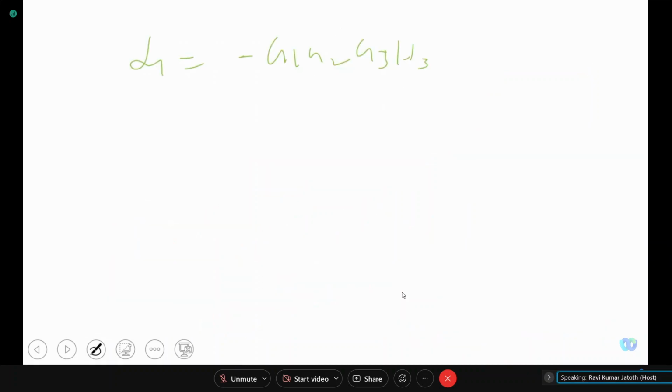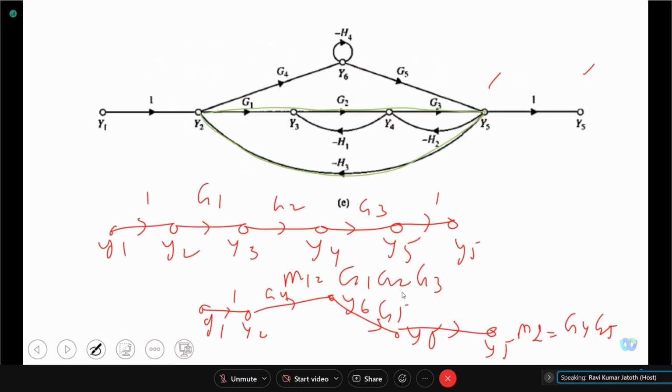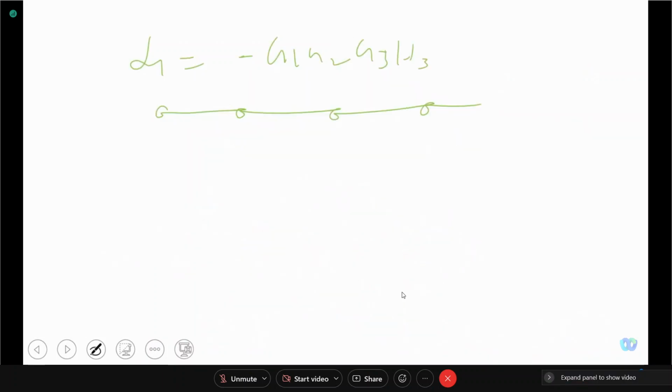Otherwise, you will not be getting it properly. So Y1, Y3, Y4, Y5, and then Y3, no?